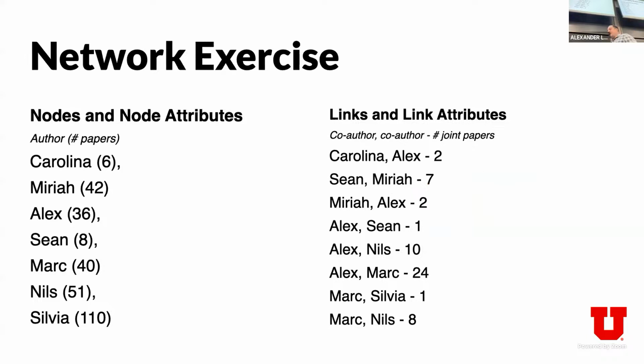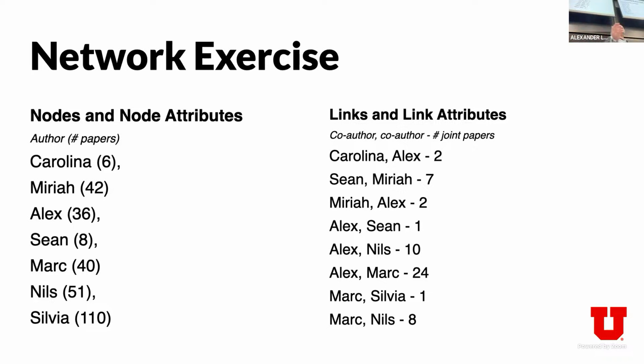And I want to kick this off again by challenging you to come up with a little bit of network visualization yourself. So there's a handout here. This is an exercise. This is a co-author network. I've listed a few names here, and next to the names, in brackets, you have the number of papers of these people. On the right side, you have the links and the attributes.